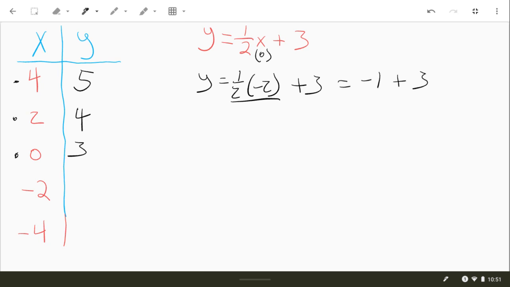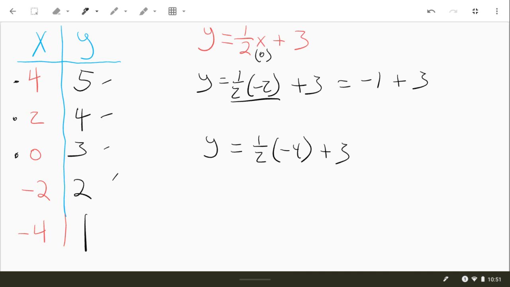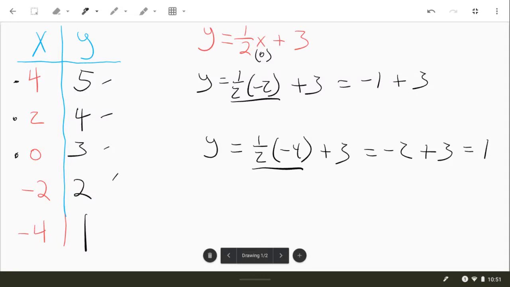And then plus 3, that's equal to 2. Hopefully you can predict what the next one's going to be. All right, 5, 4, 3, 2, 1, probably. Yeah, probably. Let's see here. 1/2 times -4 plus 3. Half of -4 is equal to -2. And then -2 plus 3, ta-da, it does equal 1.